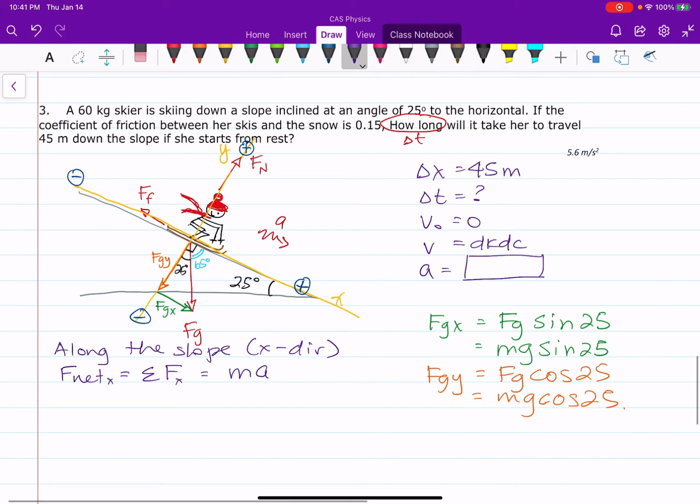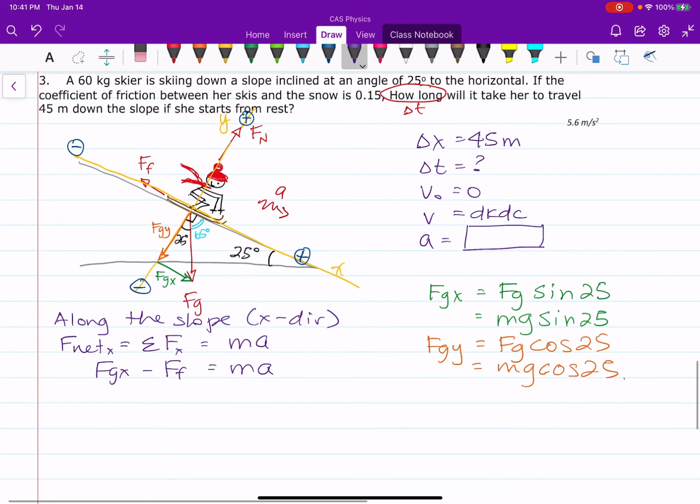The sum of the forces is F_Gx minus F_F, which equals ma. Let's look for those substitutions. We'll plug in F_Gx, which we already know is mg sine 25. And then F_F is mu F_N, right?